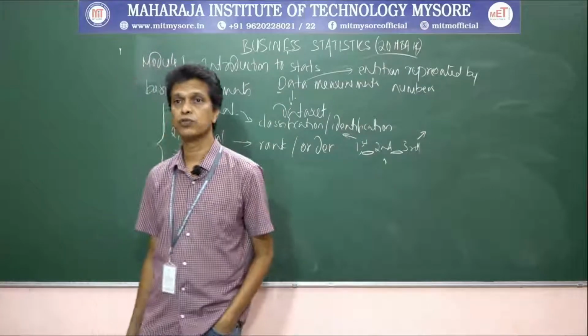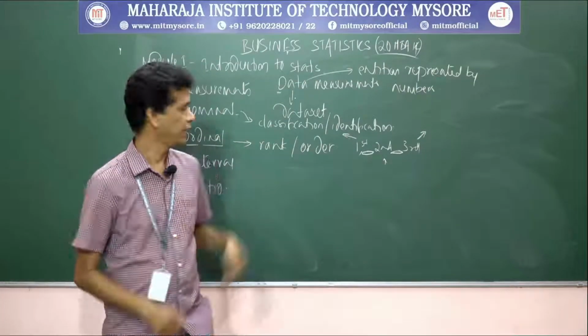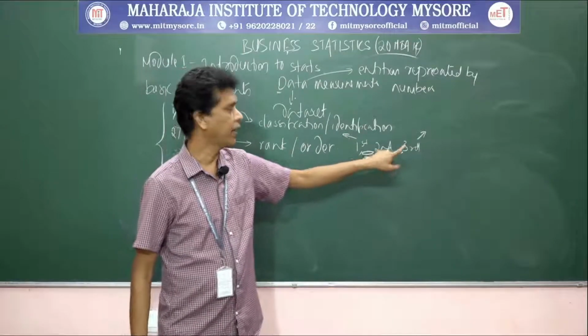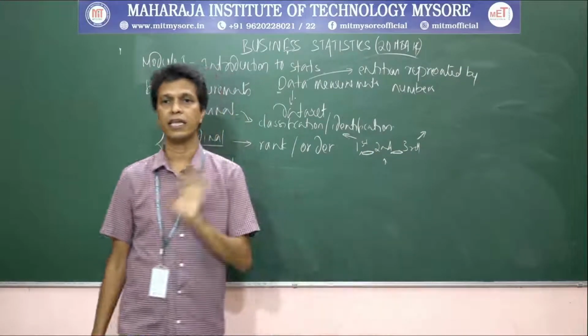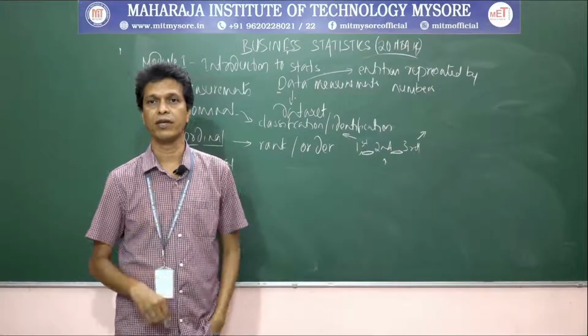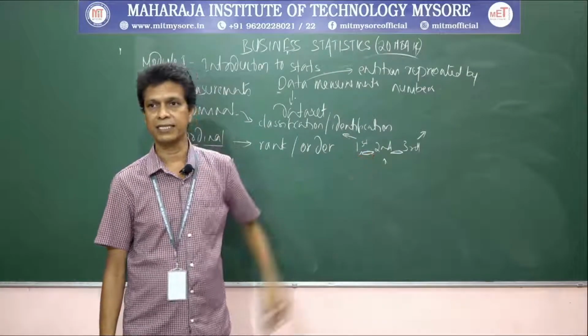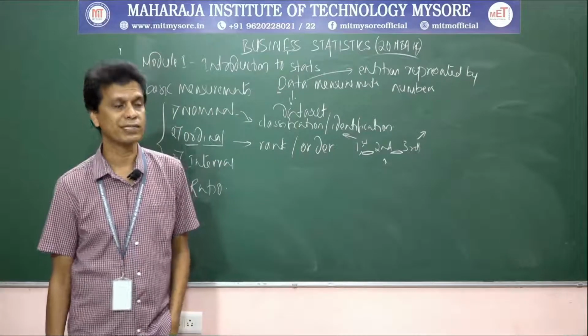In other words, the supervisor could not use ordinal data to establish that the intervals between rank 1 and 2, and the intervals between rank 2 and 3 are equal. He cannot do that. With ordinal data, the distance or spacing represented by consecutive numbers are not always equal.